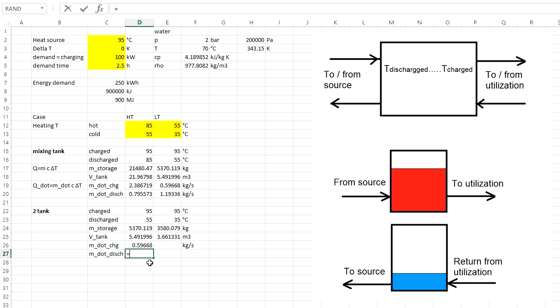And during the discharging, so again it's discharging heat divided by specific heat capacity times, and now it's just going between the same temperatures in the tank, so temperature of the charged and discharged. So you can see that it's the same value.